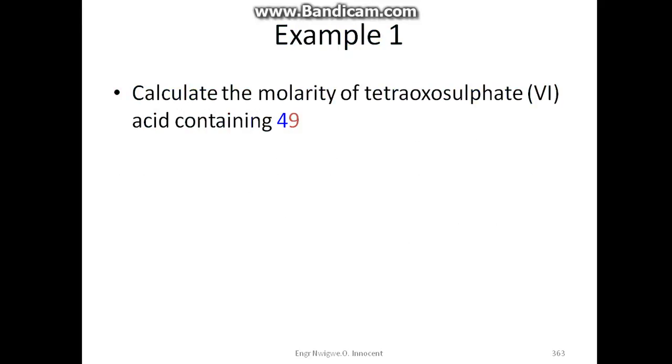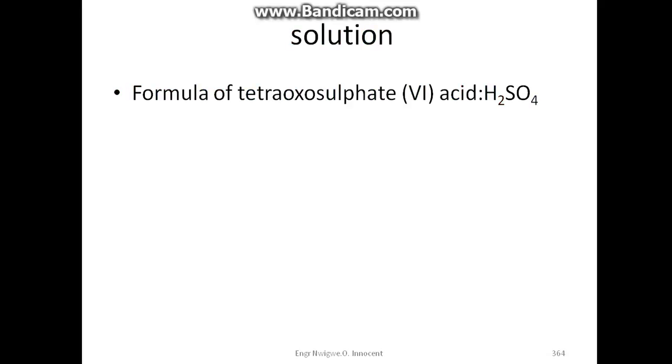Example 1. Calculate the molarity of tetraoxosulfate(VI) acid containing 49 grams per dm cube of the acid. Solution. Formula of tetraoxosulfate(VI) acid is H2SO4. Molar mass: hydrogen is 2 plus sulfur, which is 32, plus oxygen, which is 16 times 4, which is 64 gram, giving us a total of 98 gram.